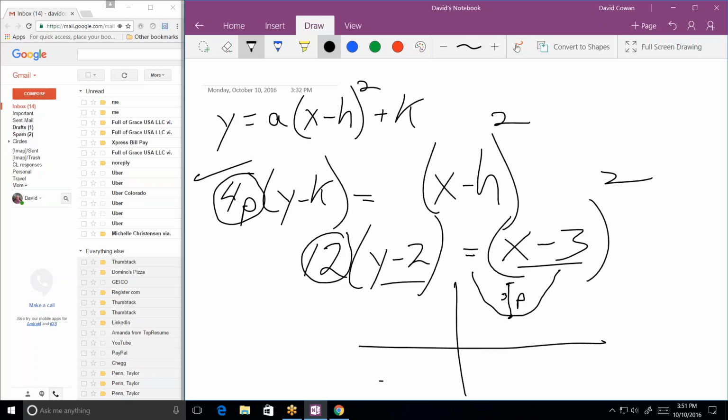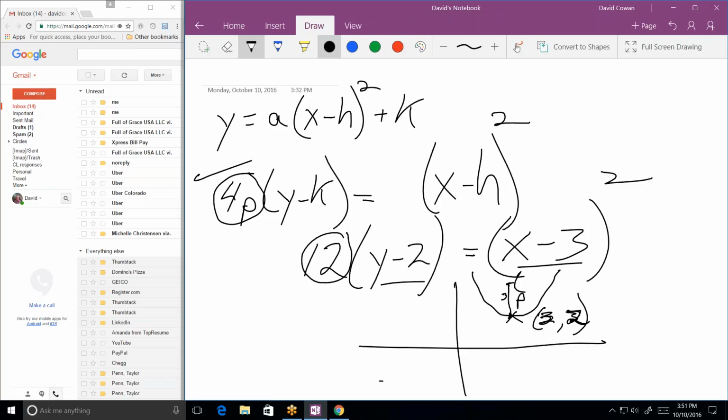So if I really wanted the coordinates of the focus, I would start with the vertex, which is at (3, 2). The h coordinate goes first. And I would just go up 3 from there.